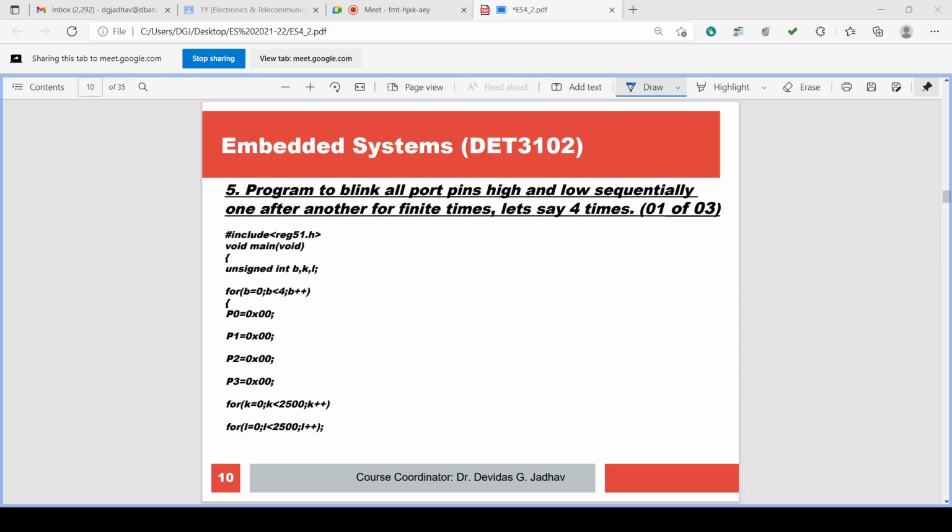Then ports 0 and 1 are made high, delay. Then ports 0, 1 and 2 are made high, delay. Then ports 0, 1, 2 and 3 are made high, delay. This completes one cycle. Such 4 repetitions are there, 4 times it will be executed. Then again all ports are made 0.